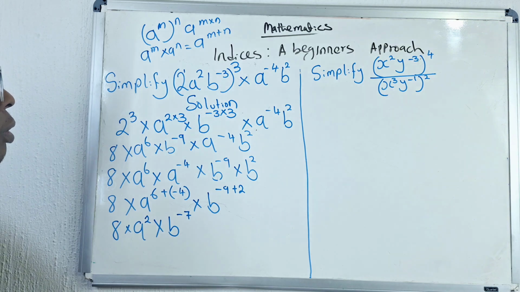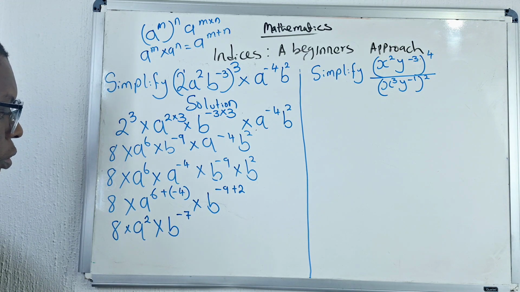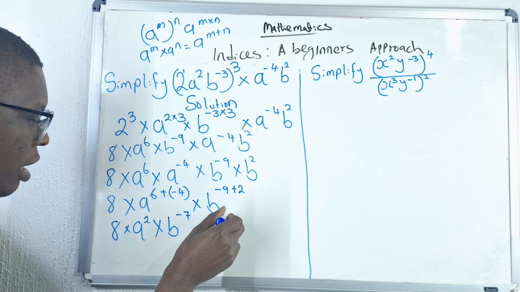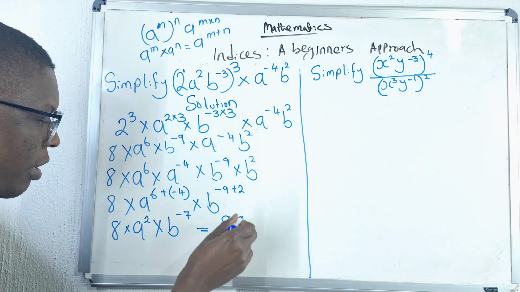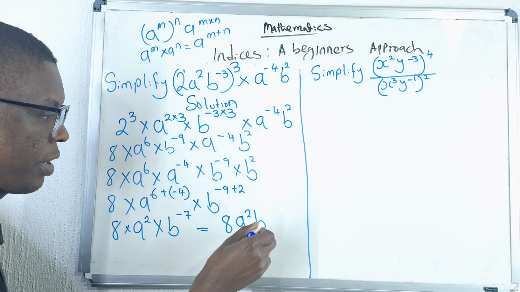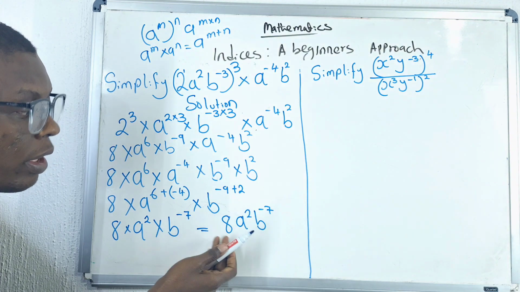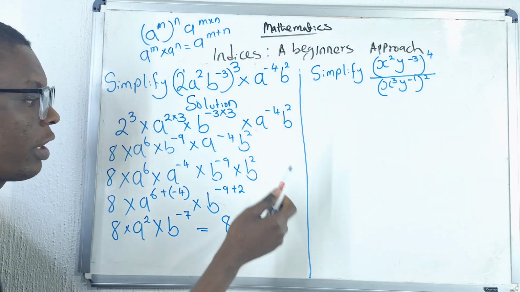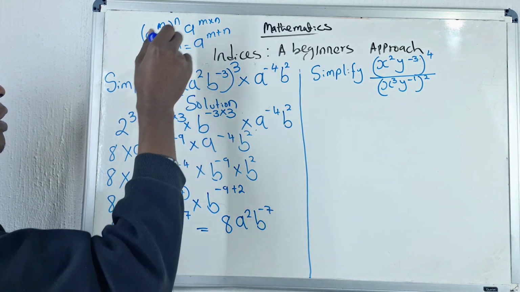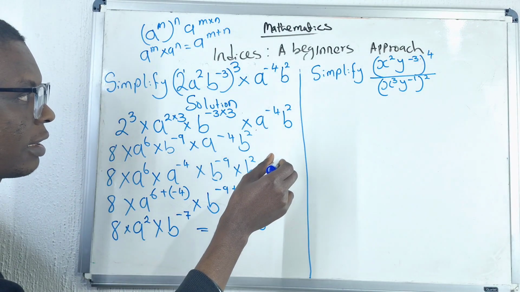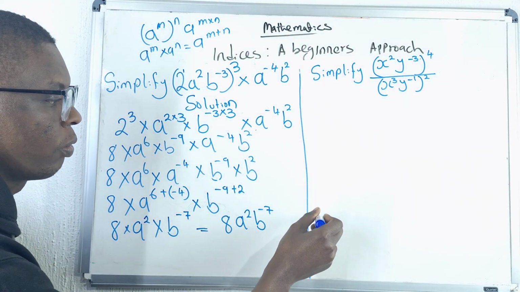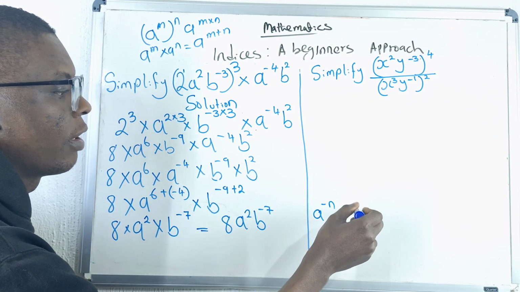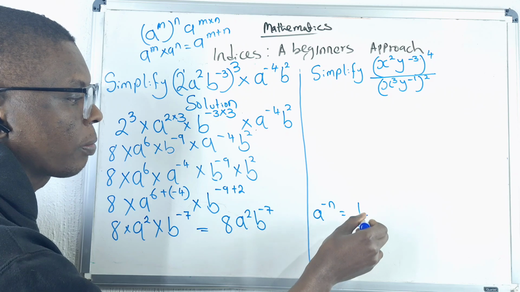Okay, so solving this further, this will take us to 8a squared b raised to power minus 7. You could leave your answer like this, it is correct, or you could still apply the negative law. The negative law states that a raised to power minus n is the same thing as 1 over a raised to power n.